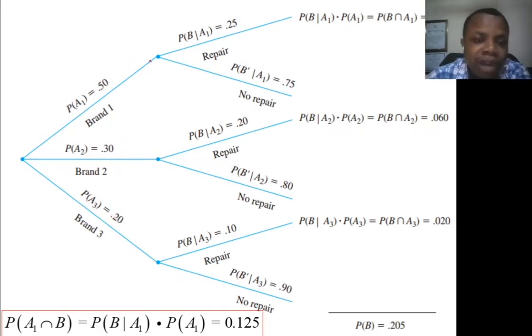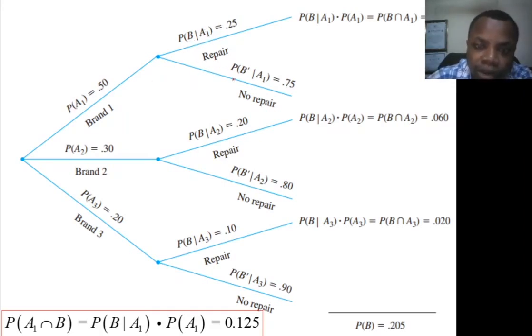Now with this brand, it's either going to need a repair or it's not going to need a repair. So that is why we have this point denoting that you need a repair or you don't need a repair. If you need a repair, that is denoted by the probability of B, needing a repair, given that it is brand 1.